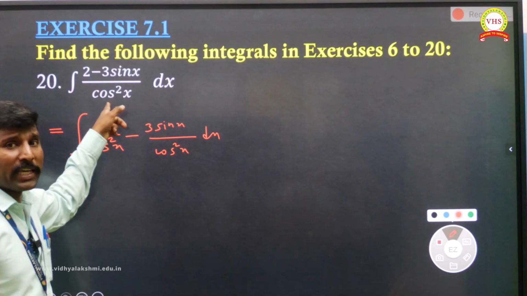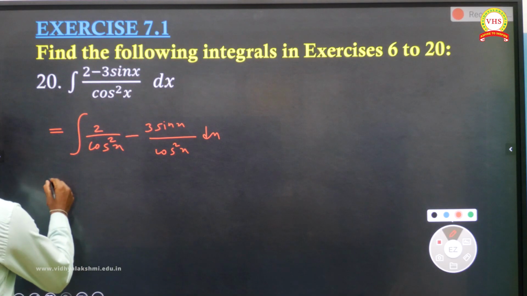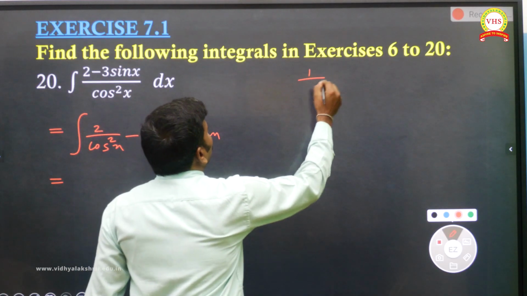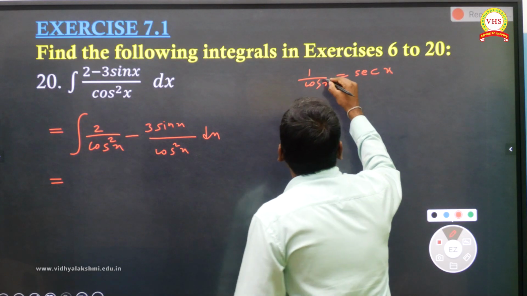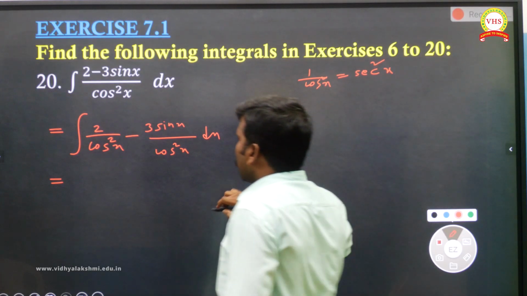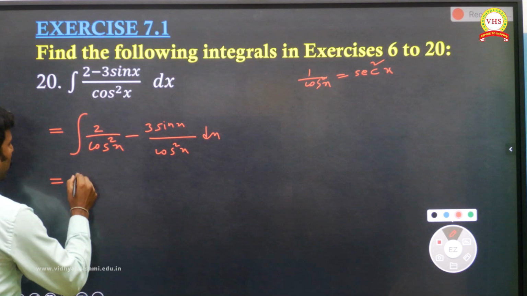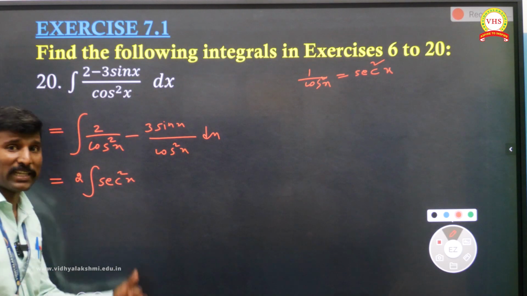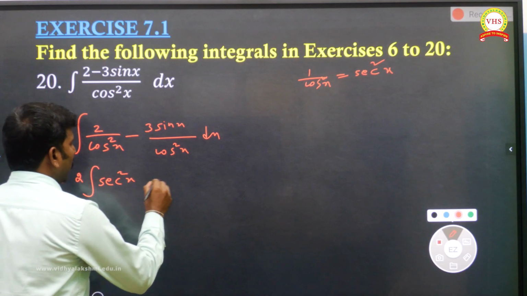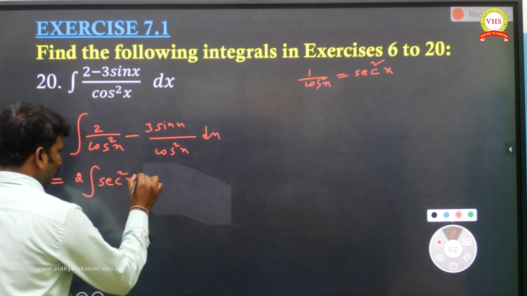I gave the denominator for both terms. Then 1 by cos is secant, so 1 by cos square is secant square. Here 2 you can take outside, integral 1 by cos square we can write as secant square, minus, into dx.